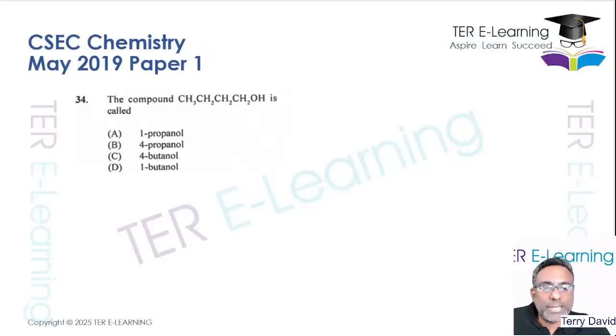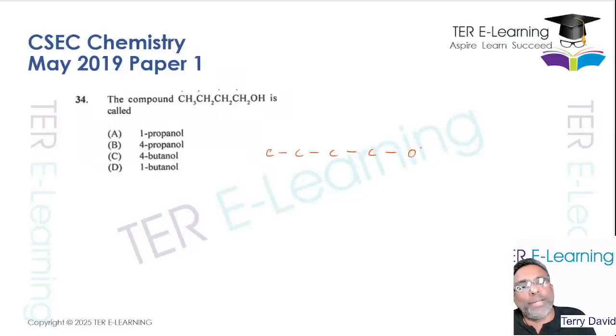Right, so let's see what's happening here with this one. This particular one, like I said, I've seen students get this wrong, right? So in this case here, this is what this compound is. If I were to draw it, I have 1, 2, 3, 4 carbons. Then we have OH. So this is what the structure of this compound looks like.